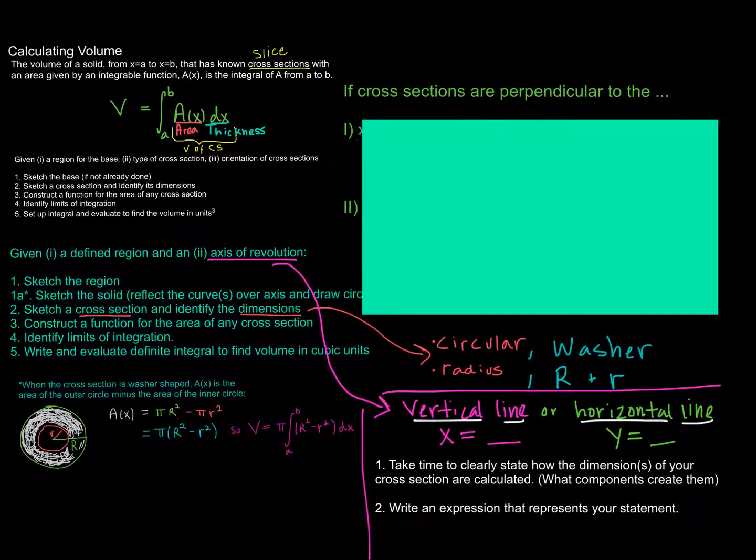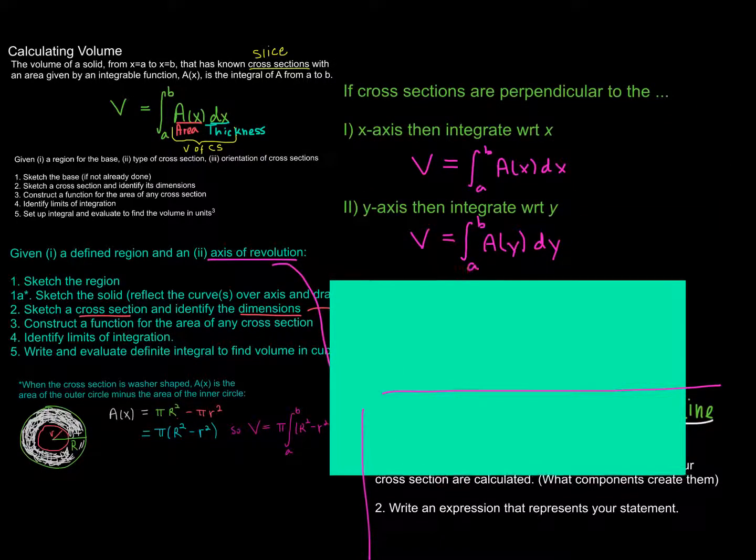I'm either going to have cross-sections that are perpendicular to the x-axis or cross-sections that are perpendicular to the y-axis. If the cross-sections are perpendicular to the x-axis, then we're going to integrate with respect to x. In other words, we're going to be adding those cross-sections as we travel along the x-axis horizontally.